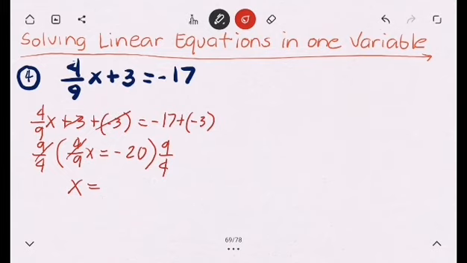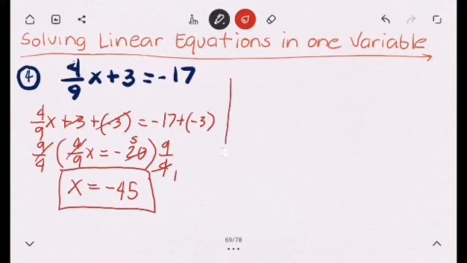And then, negative 20 times 9 over 4, so this one can be simplified. So this is 1, this is 5. Negative 5 times 9, we have negative 45. So we now have the solution for our last equation. So x is equal to negative 45.